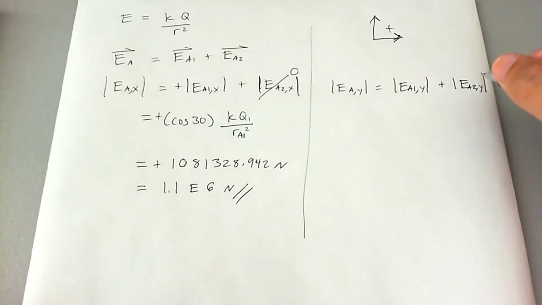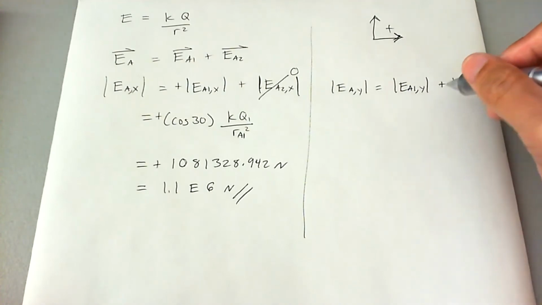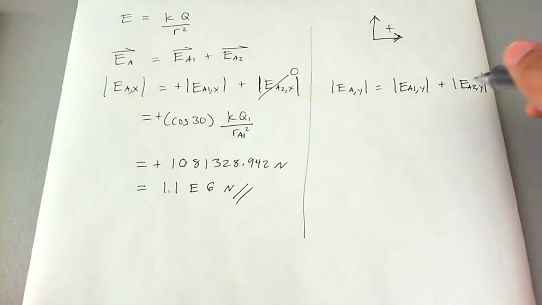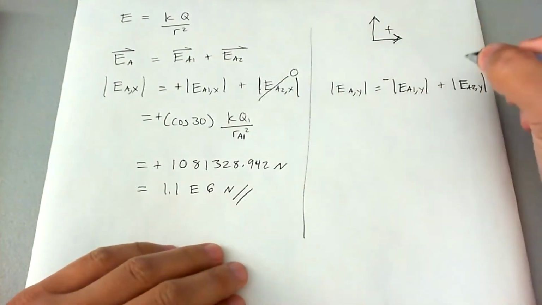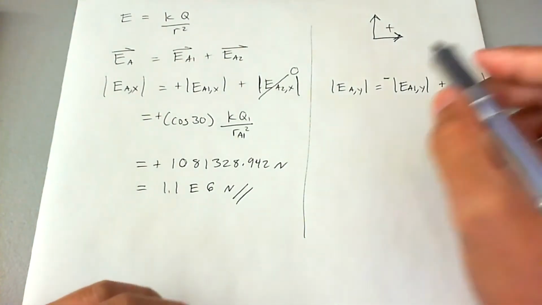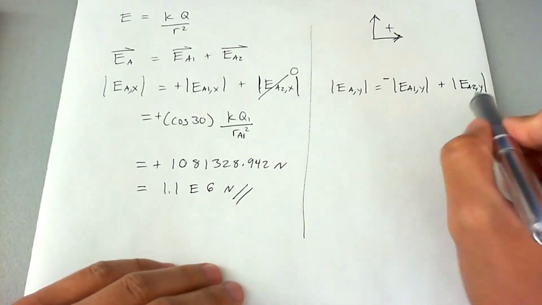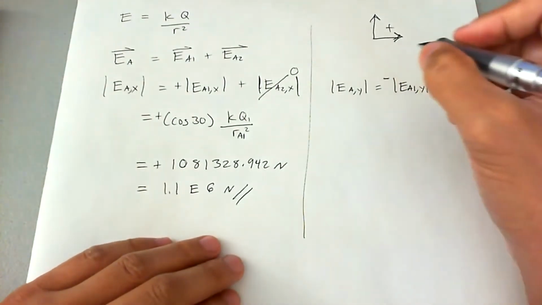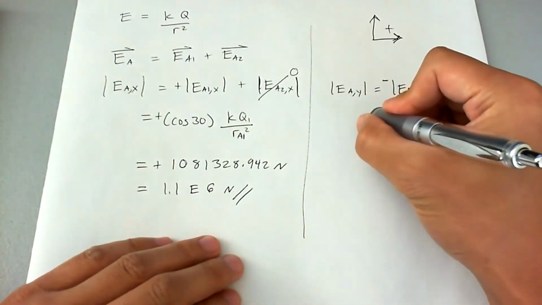There's a y component from both charge 1 and charge 2. Charge 1 is going to try to pull it down, and charge 2 is going to try to push it up. So it looks like this term is going to be negative and this term is going to be positive.